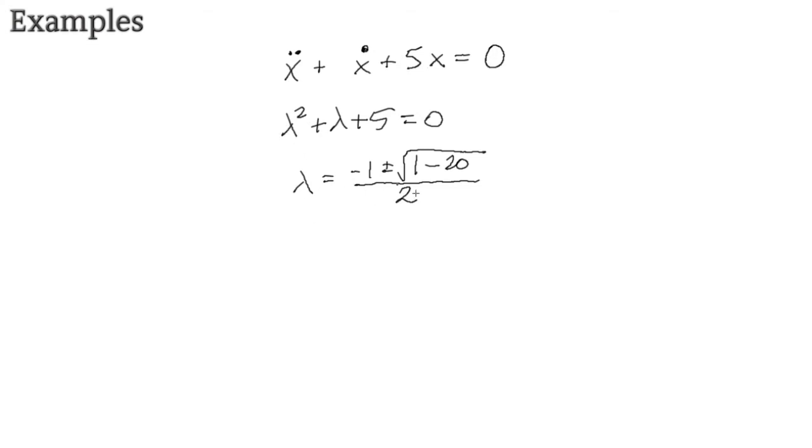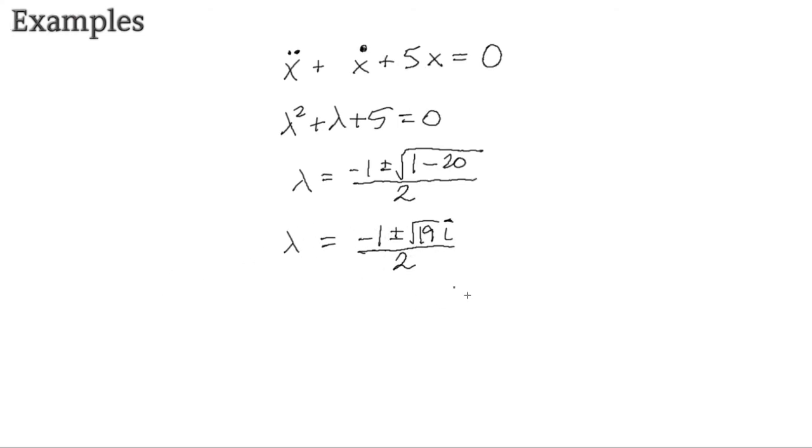With that, we have two lambdas, one with a plus root, one with a negative root. However, they are roots of minus 19, which means that we have minus 1 plus or minus root 19 i, all over 2. So I've got these two lambdas.